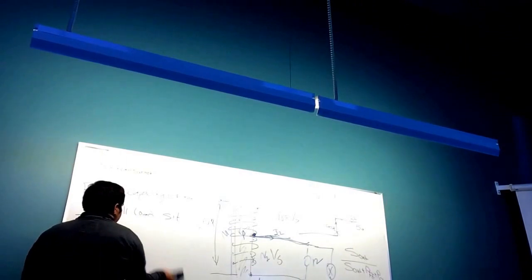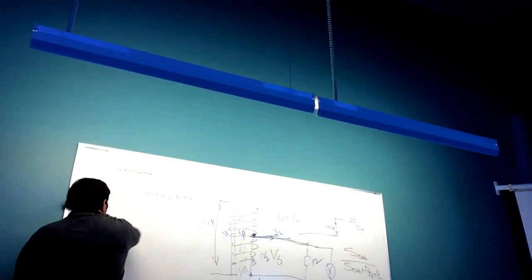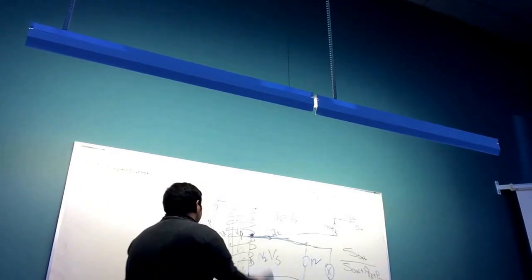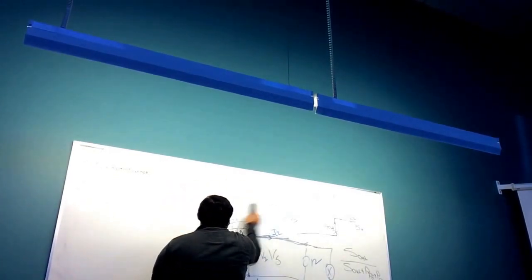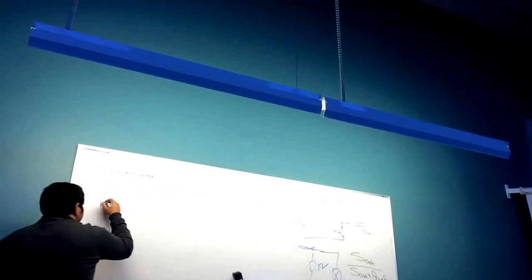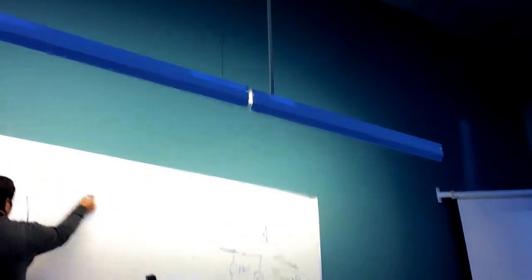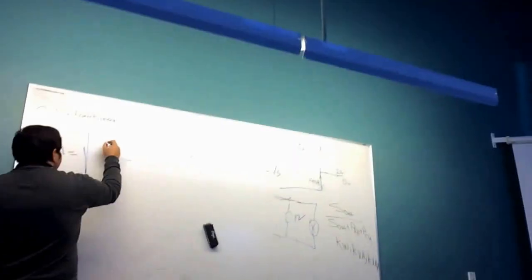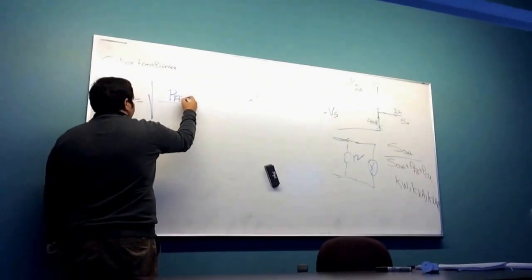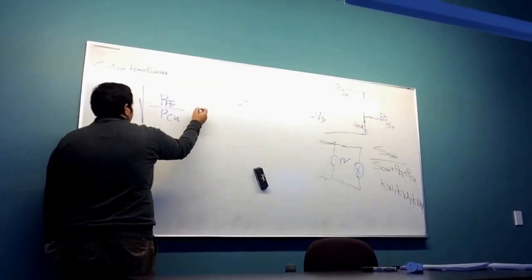So we want to calculate where maximum efficiency is happening. What we need to do is say n equals square root of PFE over PCU.